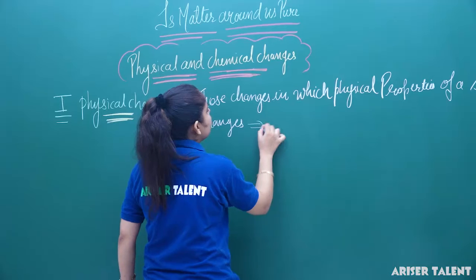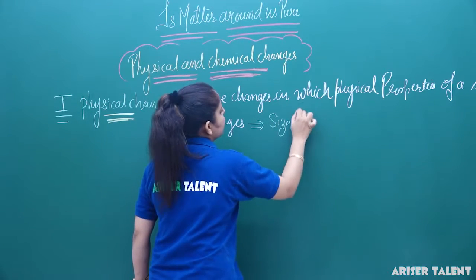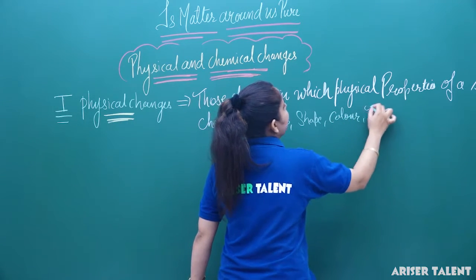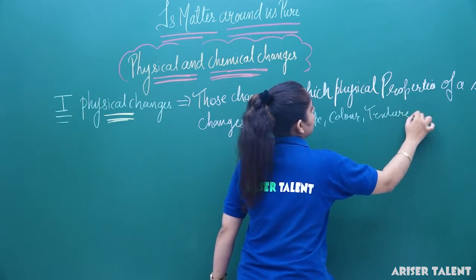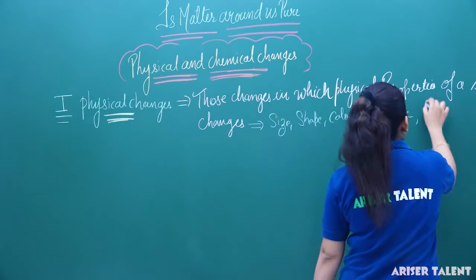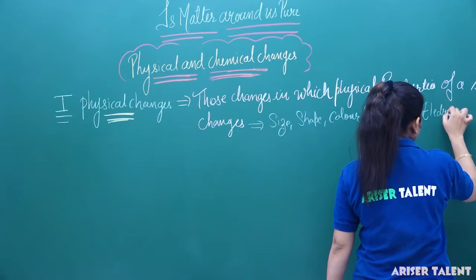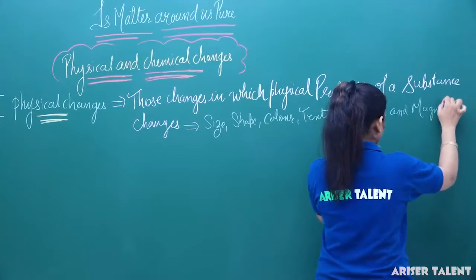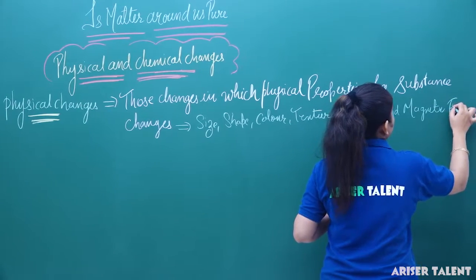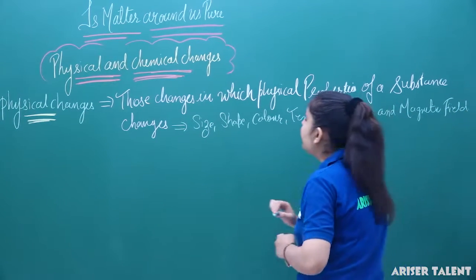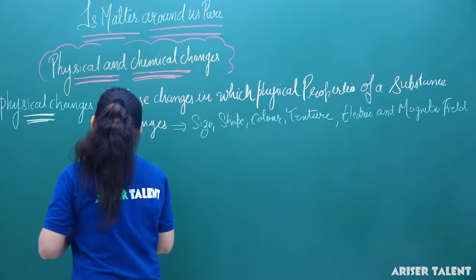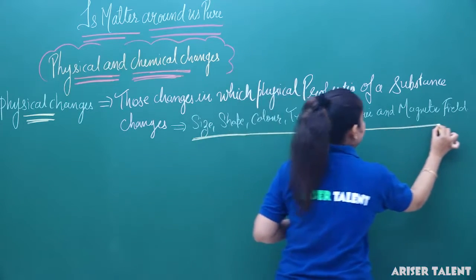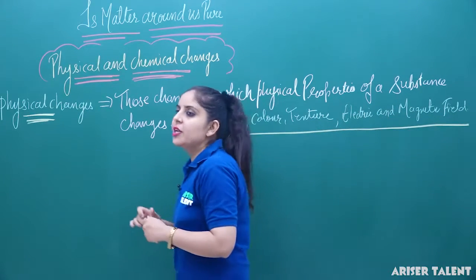These physical properties may be size, shape, color, texture, boiling and melting point, and electric and magnetic field. If any one of these factors changes, you can say that a physical change is going to occur.